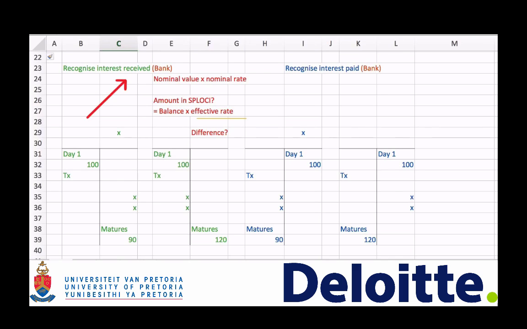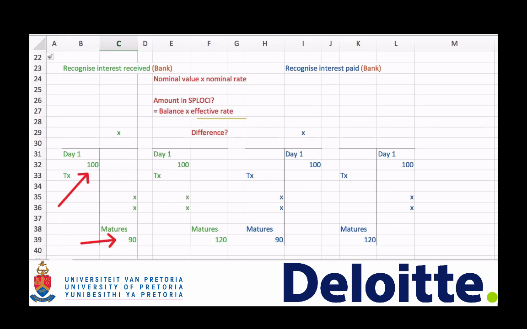So for that, we take the balance of our account times by an effective interest rate, and that will tell us then what the interest needs to be for each reporting period. That effective interest rate, to work that out, what you need to do is have a look at what your debenture was initially recognized at. That's your present value, taking into account transaction costs.